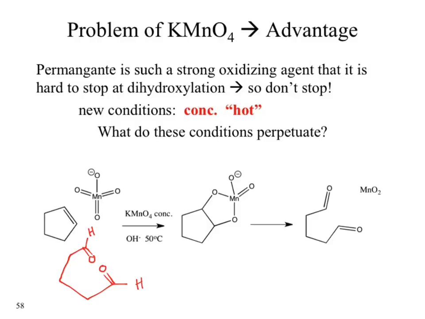So the permanganate will continue to react and end up putting in oxygens or trading oxygens for those two positions. Those would technically be negatively charged. We can follow this reaction up with a little bit of an acid workup. That acid workup protonates those, and we end up with the dicarboxylic acid.